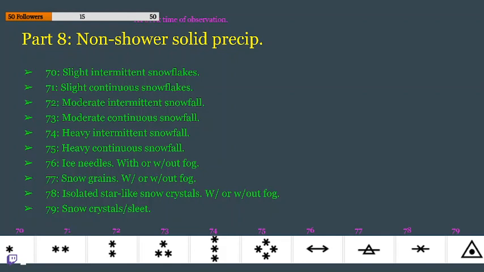And, yes, sleet is triangle with a period in it. Yes. Of course. When I think of sleet, I think of triangle with a circle in it. When I hear on the Weather Channel in the morning that sleet is falling, I think of triangles. That's what I think about.